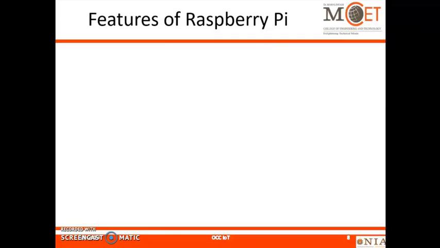And coming to the features of Raspberry Pi, it is very important to understand why Raspberry Pi is so important in development of IoT. And here are the answers. So it is more powerful in terms of computation. It has very good computation capability, and it has better memory capability when compared to Arduino.